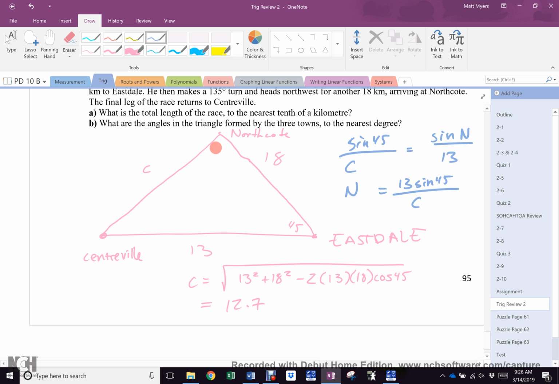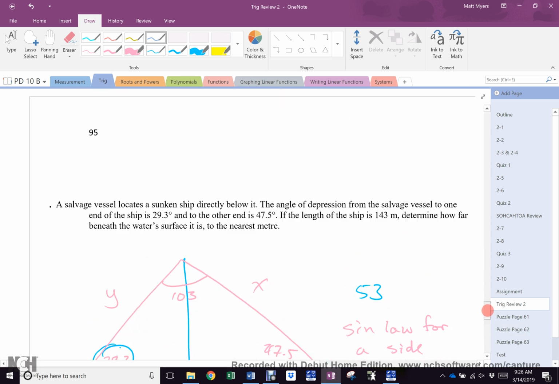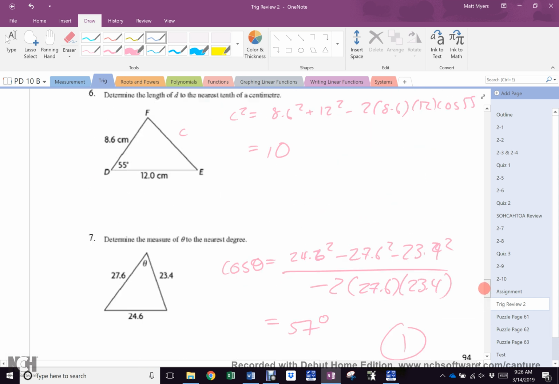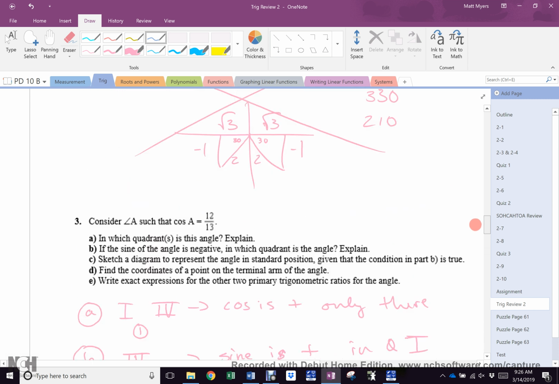And you get this to be 46, which gets this to be 89. And that whole thing I would make out of 6. Making the whole thing out of 9, and 4 is 13, and 7 is 20.